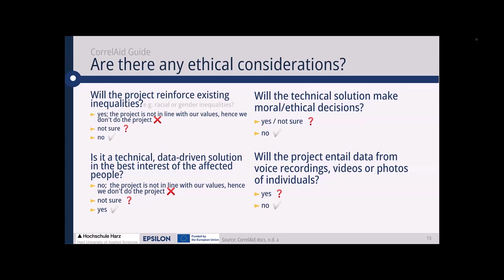The next thing is, and this is a kind of critical question you should ask yourself, if you develop technical solutions, will this technical solution make moral ethical decisions? And here there are two levels on this question. The first is a kind of direct answer. So will you have direct moral and ethical decisions? This should definitely be a no.